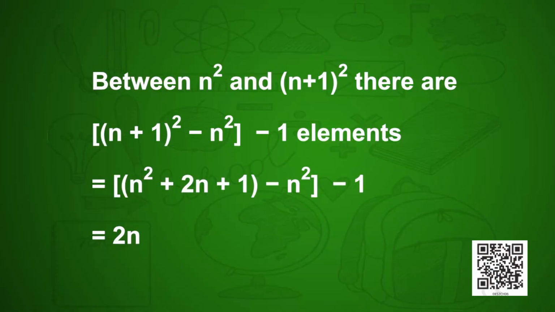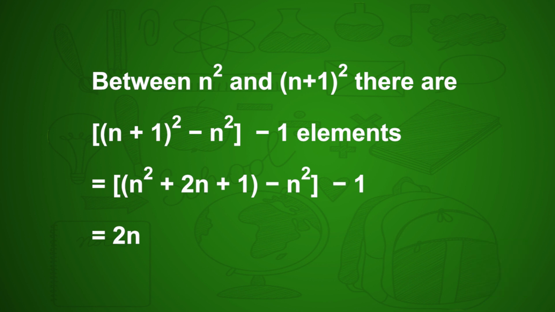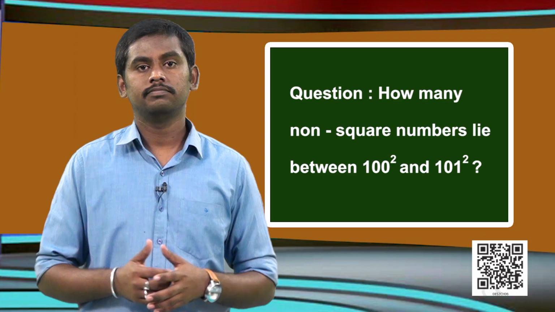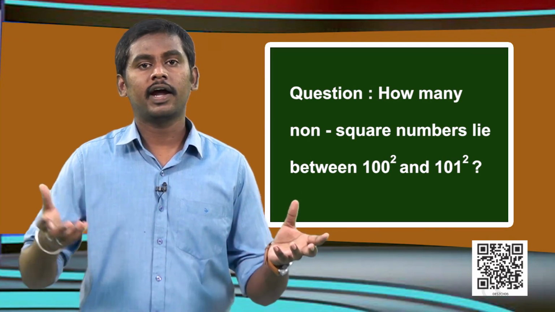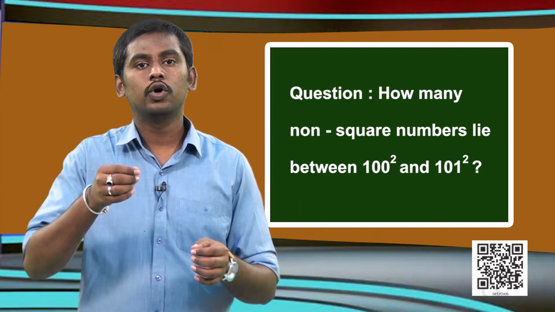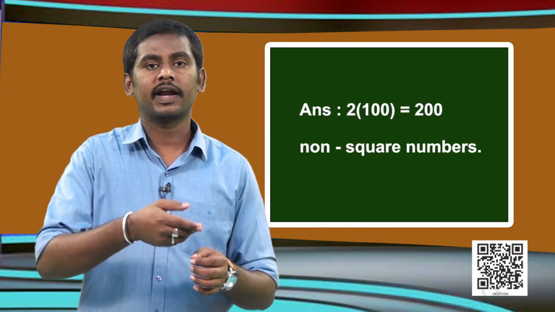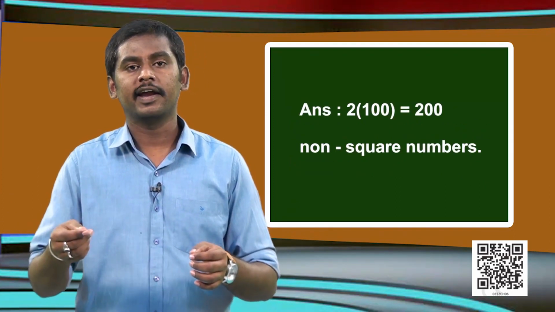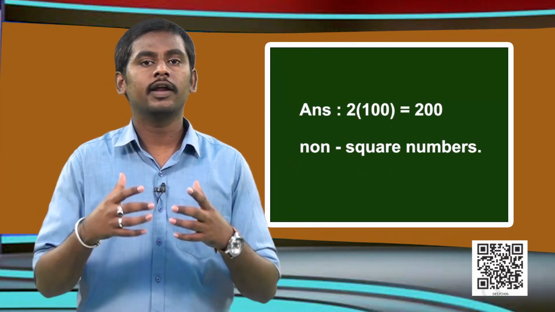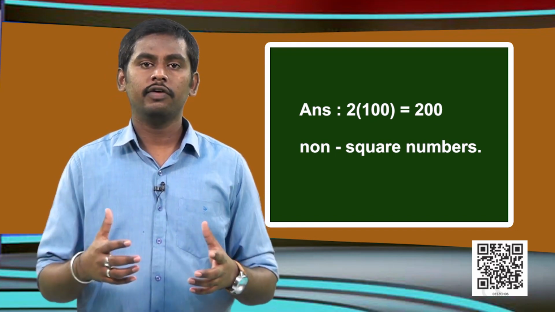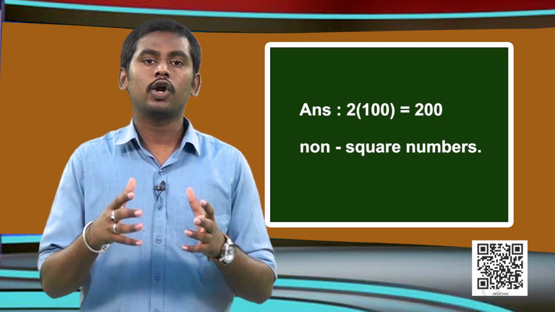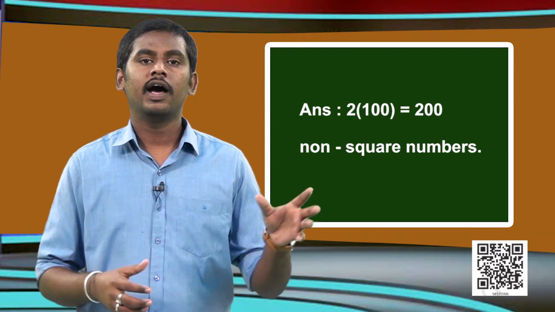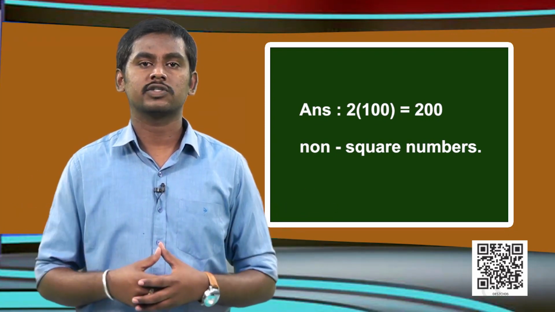Whenever we have n square and n plus 1 whole square, in between these two we find 2n non-perfect squares. So, between 100 square and 101 square there will be 2 times n. Our n is 100. So, 2 times 100 is equal to 200 non-square numbers. So, we find that there are 200 non-square numbers present between 100 square and 101 square.